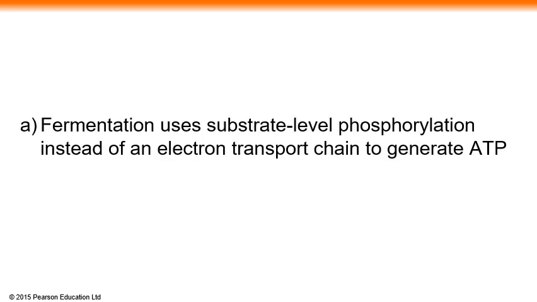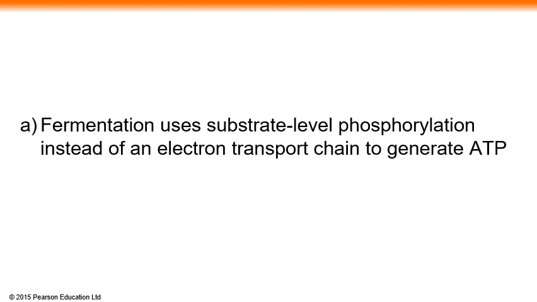We already discussed substrate level phosphorylation, which occurs in glycolysis. So fermentation uses substrate level phosphorylation instead of an electron transport chain to generate ATP.